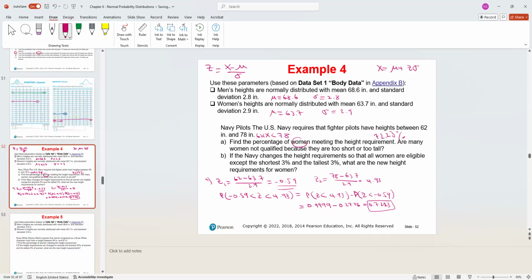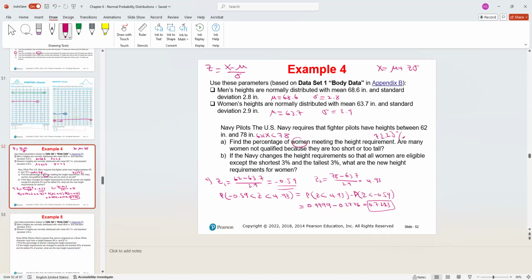The average for women is 63.9, right? But they ask them to do between 62 and 78. Yes, about 28% of women are not qualified because of their heights, because you only have like 72% that would qualify. Not all women qualified in this case.